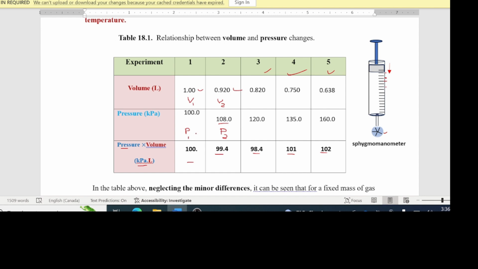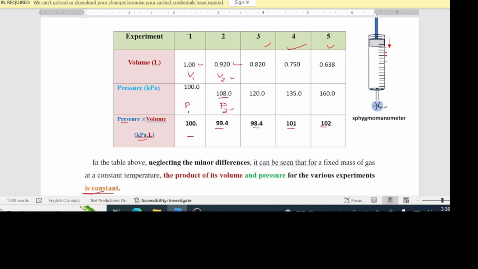In the second experiment now, remember we push the plunger down and we get a second pressure P2 and a different volume V2, okay? In every experiment that was performed, if we multiply the volume by its pressure, we get some values there in every case. These are the values that are obtained by multiplying these values here, okay?